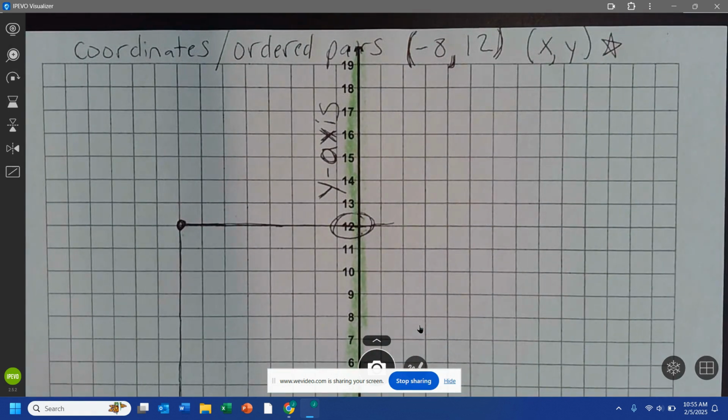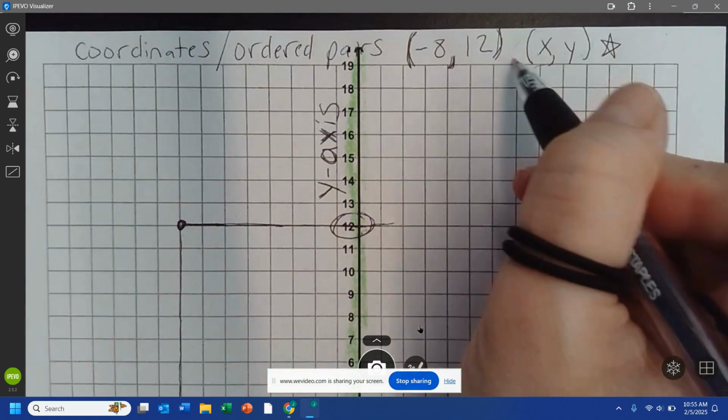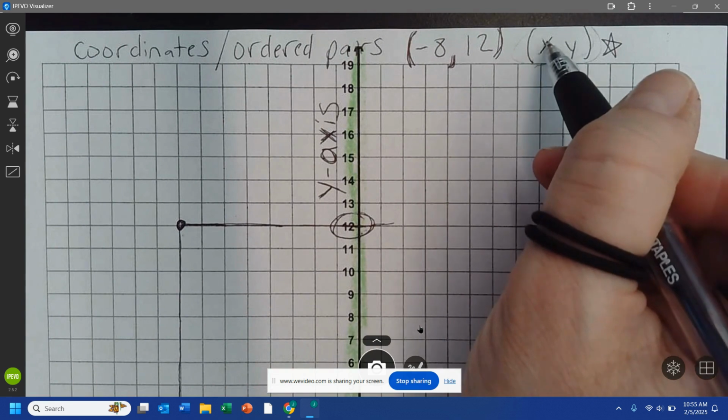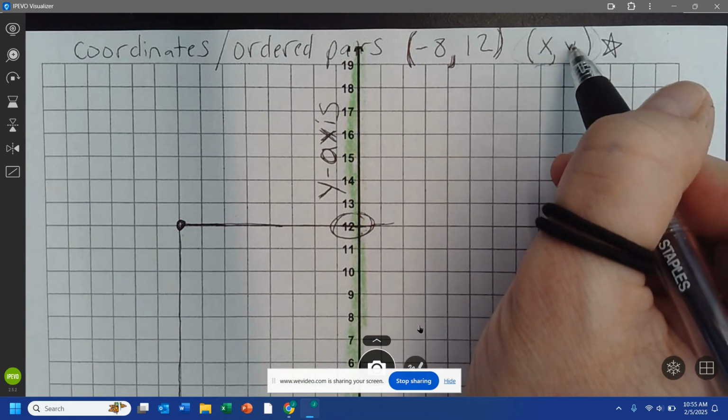So if you ever forget which one comes first and which one comes second, sing your ABCs. When you sing your ABCs, you'll notice that you say W, X, Y, Z. So the ABCs give you the answer. They tell you which one comes first and which one comes second.